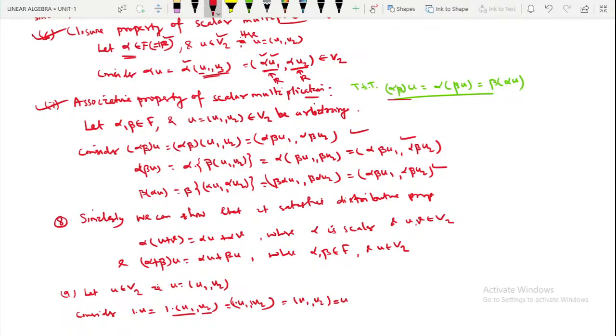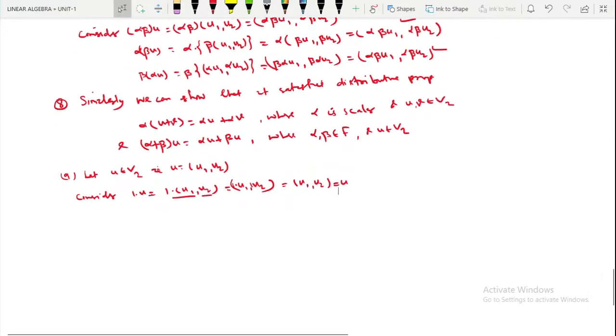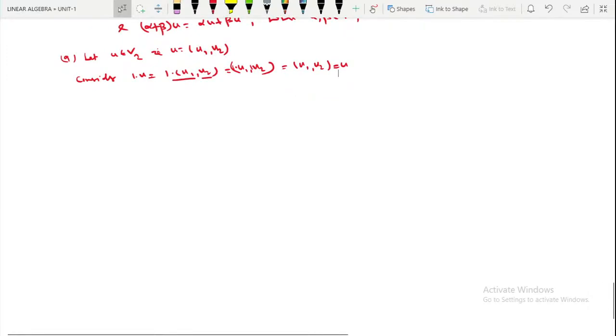So 1 into u is u, and here we show that all the 9 properties are satisfied. So you can say V2 is a vector space.